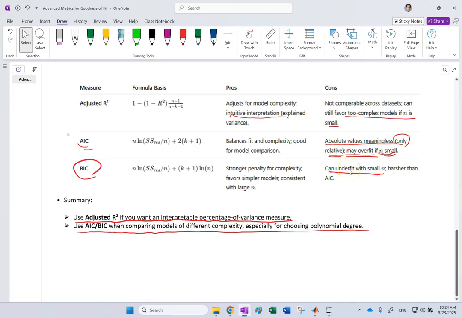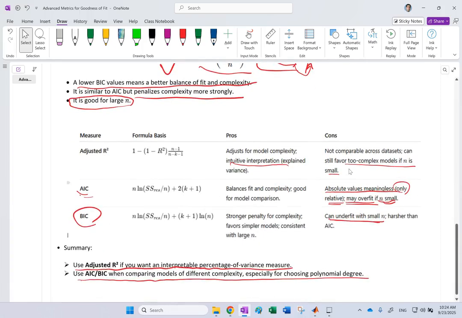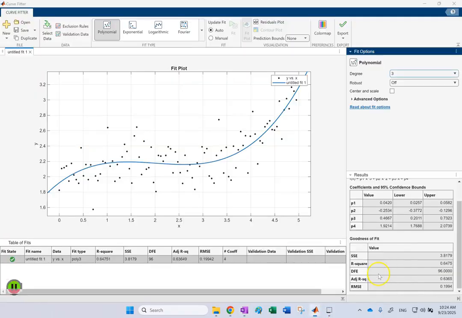But another thing is that when n is small, you have to make sure your k is quite small too, as much as possible, or you want to make sure you get more data, so your model is more meaningful. Because if your function is only fitted to a few data points, generalization of that is not really good.